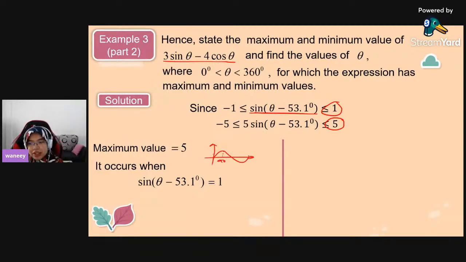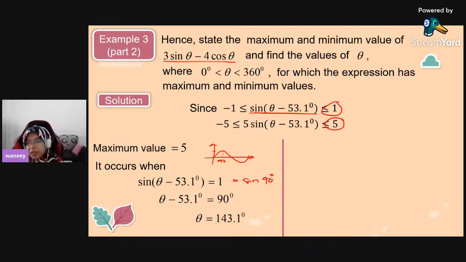This is 90 degrees, right? So we compare them with sine 90 degrees. So theta minus 53.1 is equal to 90, which means theta is equal to 143.1. That is the maximum value.